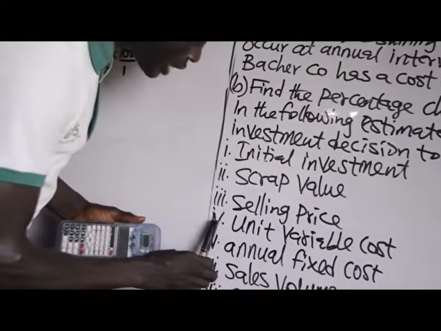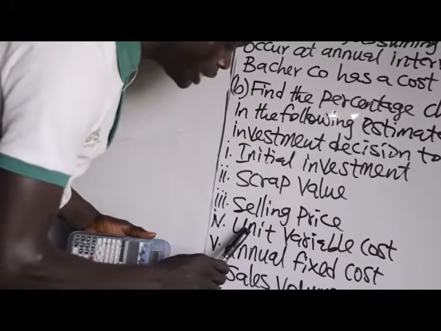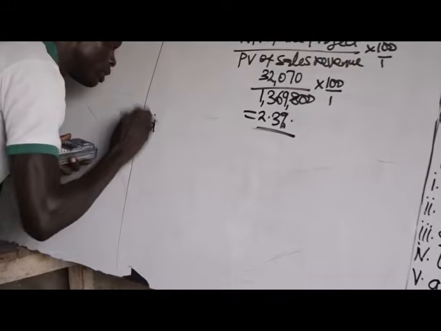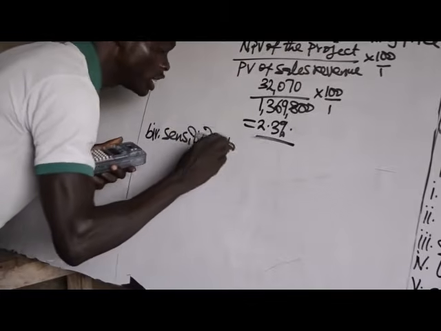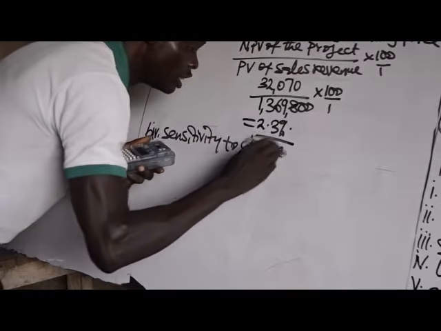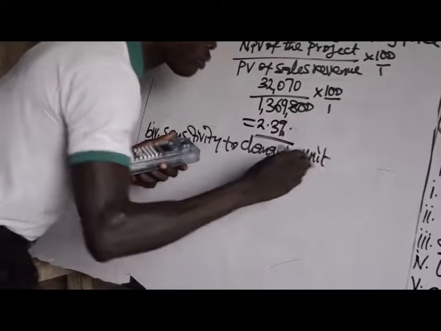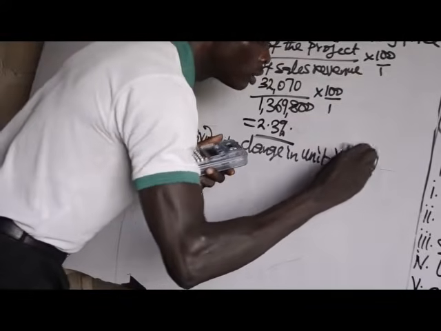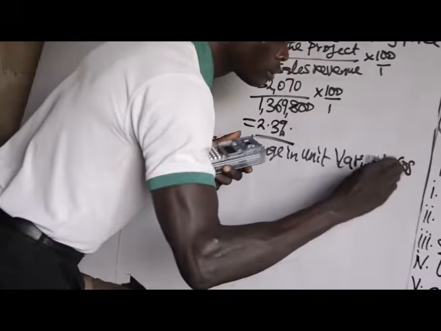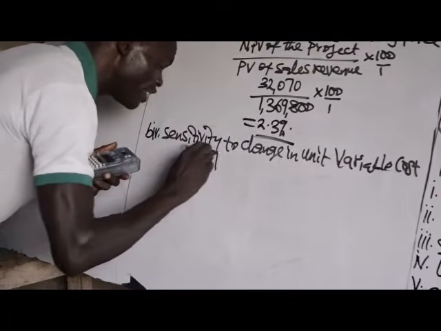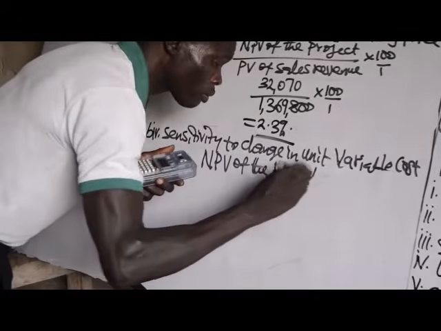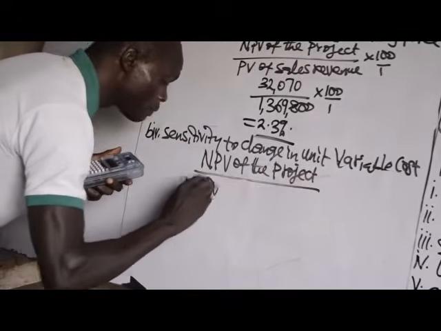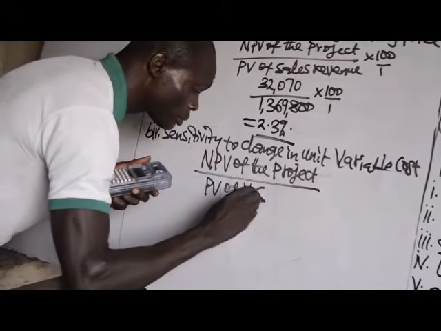You have to calculate the sensitivity to change in unit variable cost, and that will be NPV of the project over PV of the variable cost times 100.